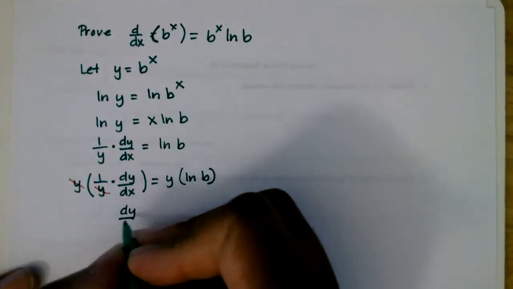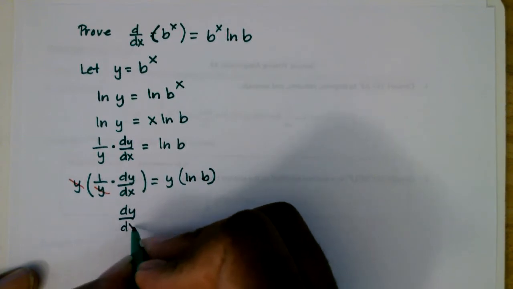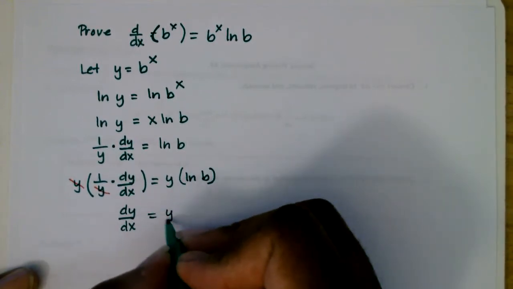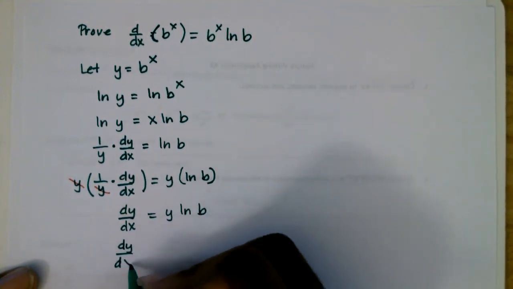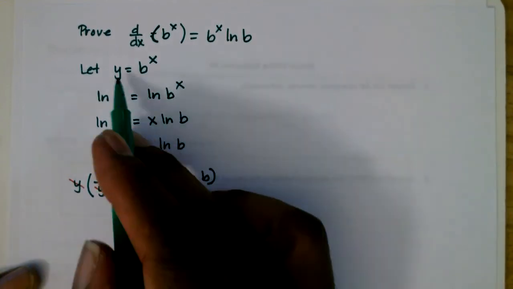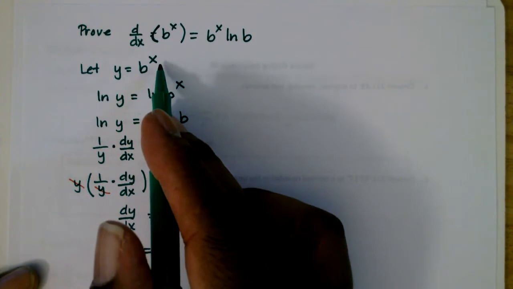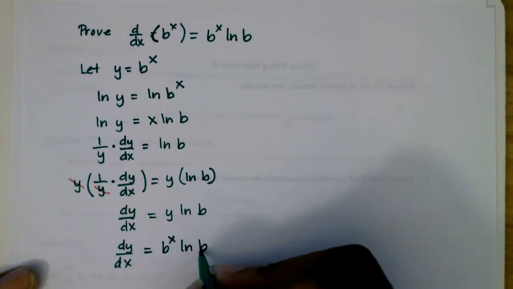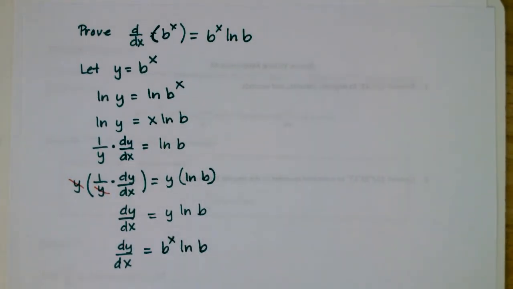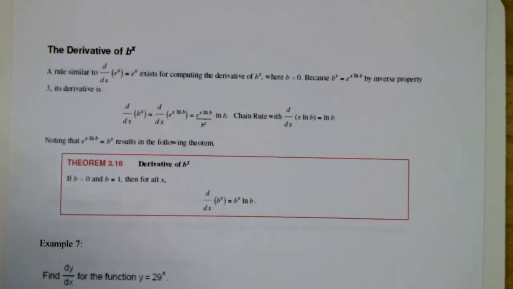So in this case here, dy dx is equal to y times ln of b. But notice what y is equal to. I let y equal b raised to the power of x. So that means I can substitute the y with b to the x. So dy dx is equal to b to the x ln of b. Okay, so that's where that derivative is derived from for b to the x.